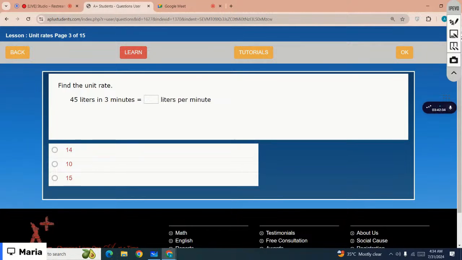Find the unit rate: 45 liters in 3 minutes. So how many liters per minute?